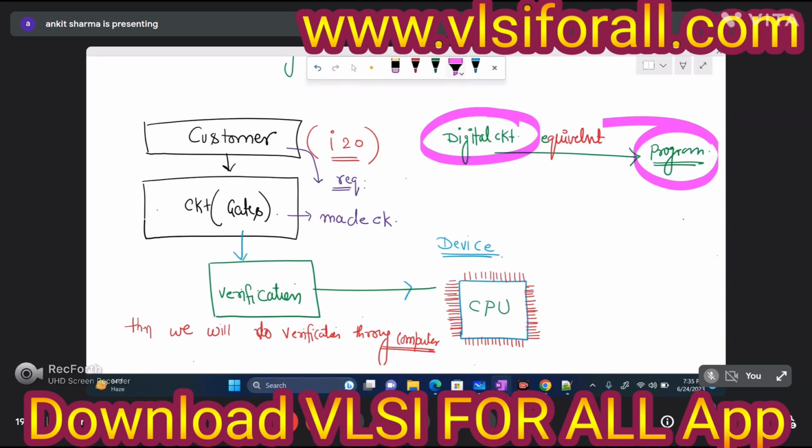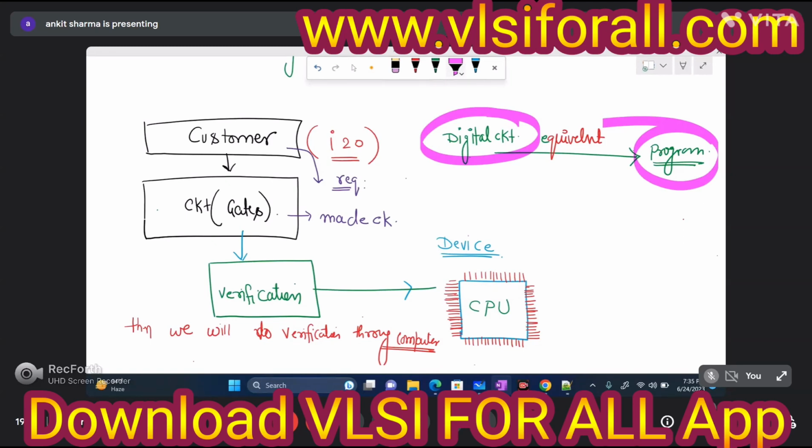Because I need to do verification first. Sir, no issue. Directly you can fabricate and send it to the customer. What happens if there is a bug? So the customer will come to us. Try to understand. Intel is giving a processor to you and you are purchasing a laptop. And if you find a bug, your local disk D and local disk E are removed. Then what happens? You will even file a case against Intel.